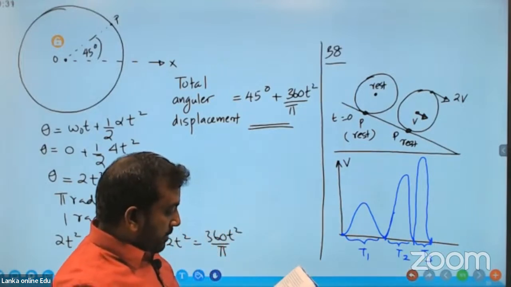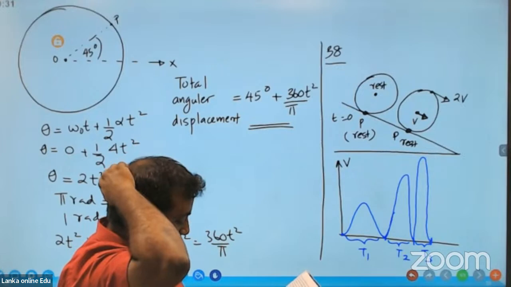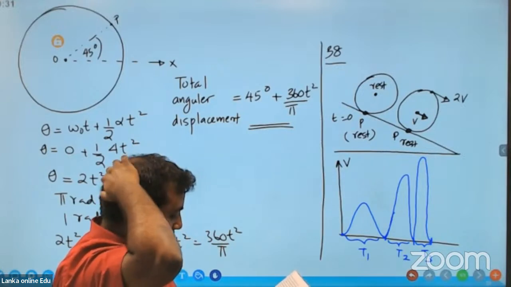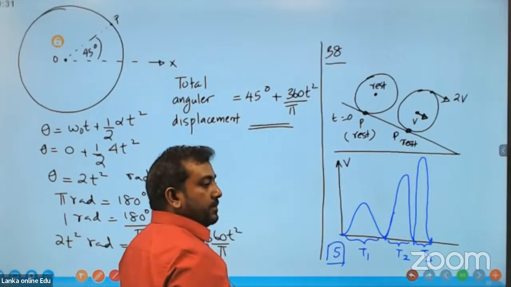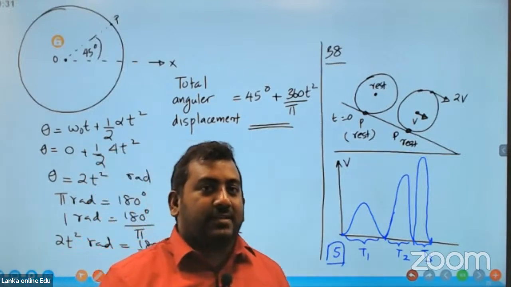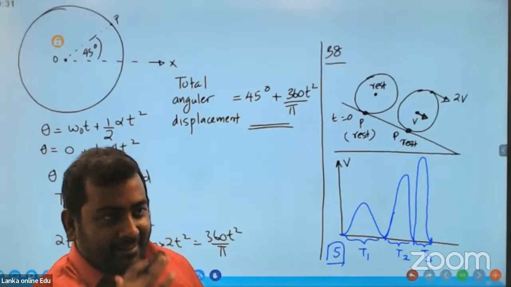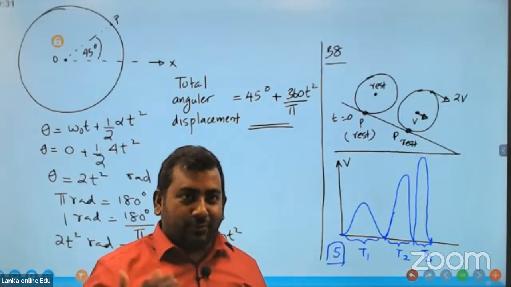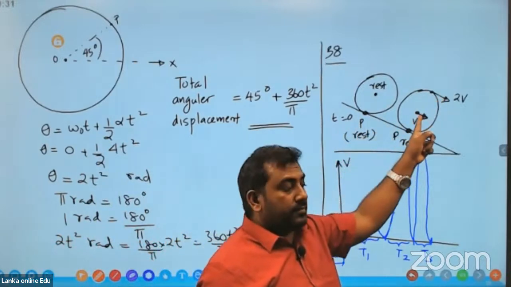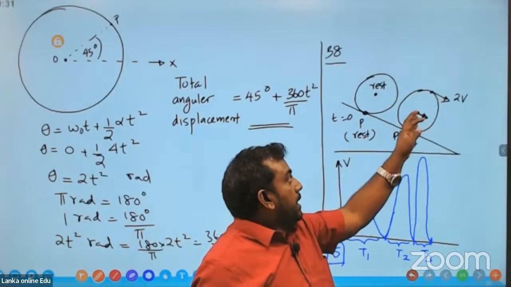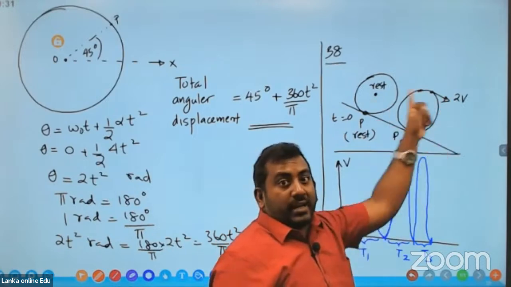Look at that and tell me which answer is correct. Gap keeps on reducing. Correctly it is answer number 5. If you just think in terms of common sense, faster you go, it will go quickly.